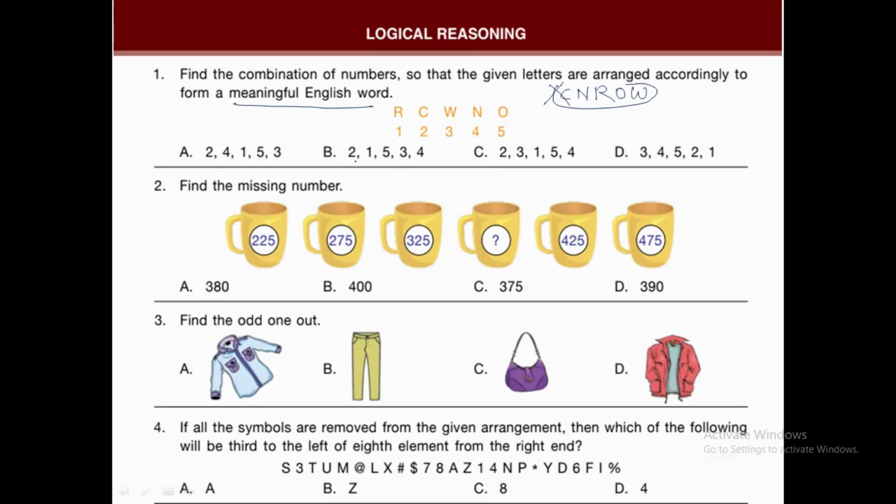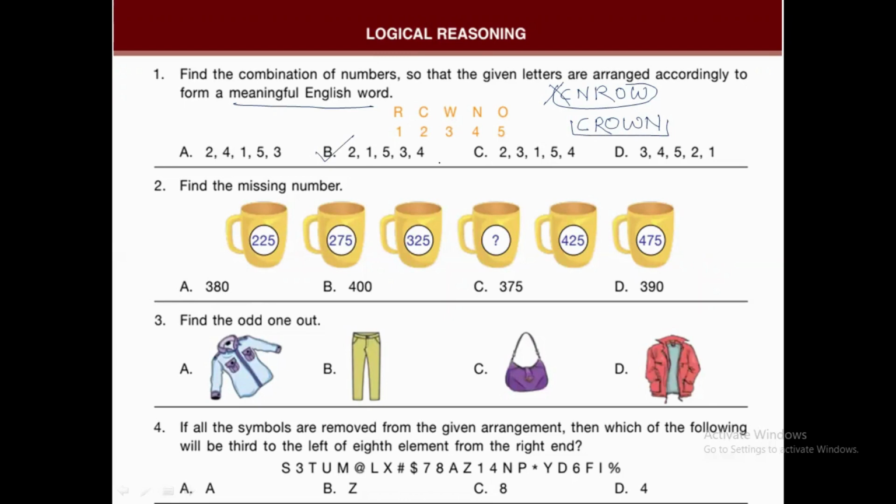Now let's move to option B, which is 2 1 5 3 4. 2 is for C, 1 is for R, 5 is for O, 3 is for W, and 4 is for N. So what word can we see here? That is CROWN, crown. Yes, crown is a word. So option B can be our answer.